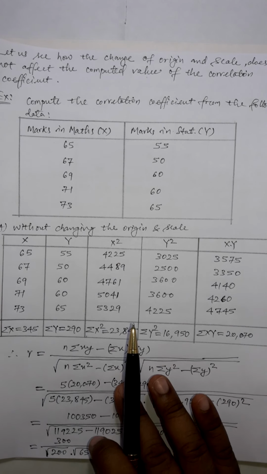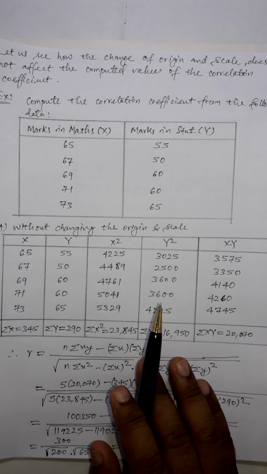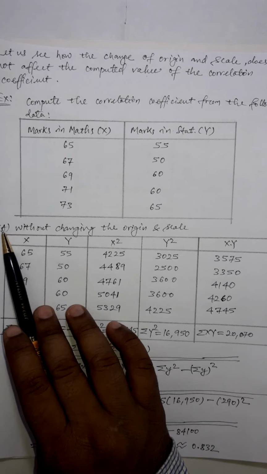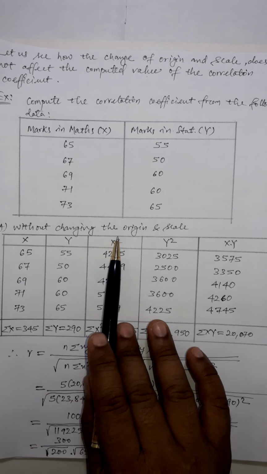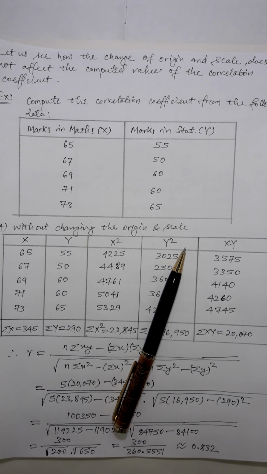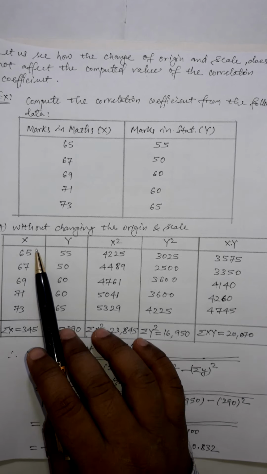I will calculate them in 3 different ways. In the first part, I will calculate without changing the origin and scale, meaning whatever raw data is given here, I will use it directly in the direct formula. So let's write for that.